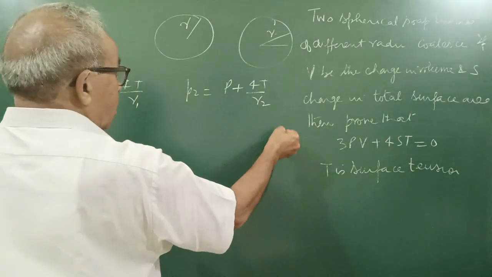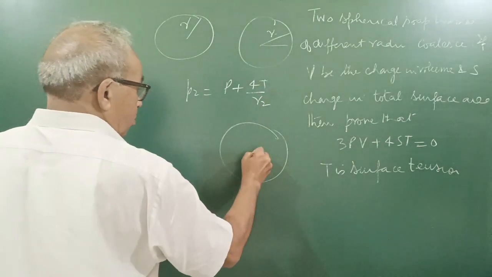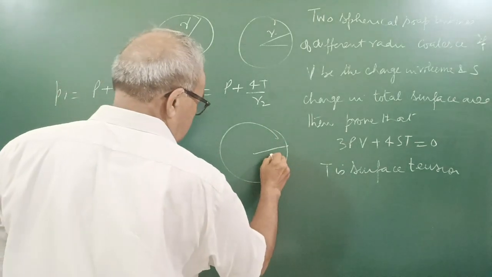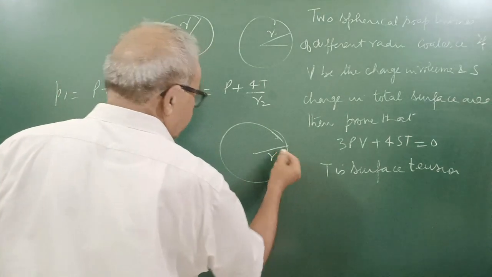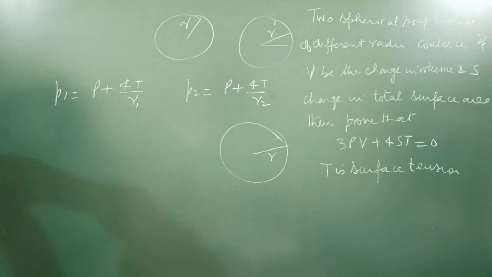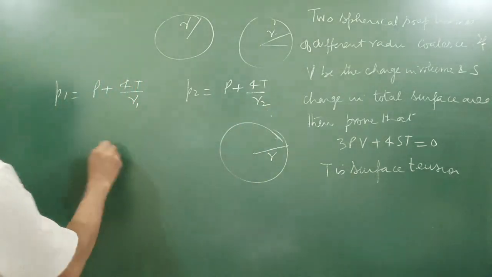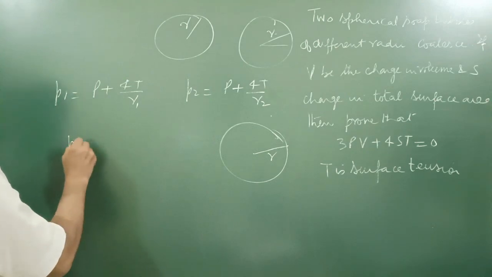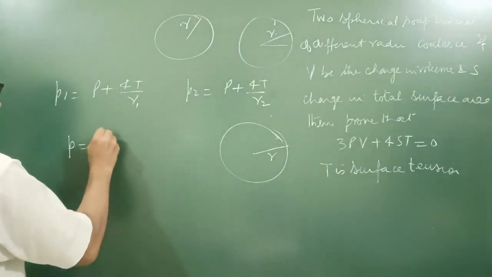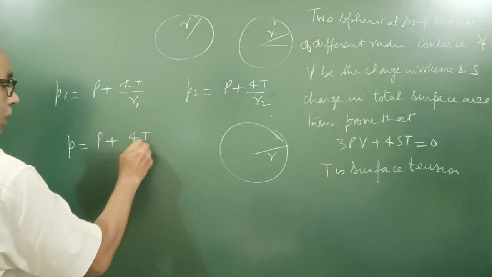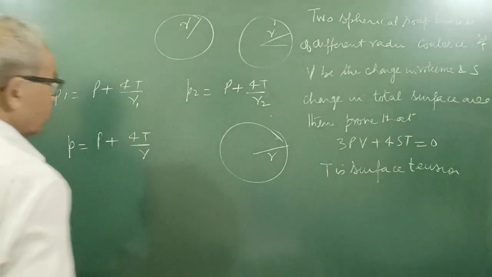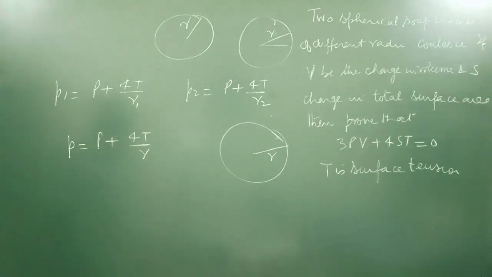If the bigger bubble formed has radius R, then the pressure, atmosphere being the same, is P plus 4T by R. I think you have got my point.